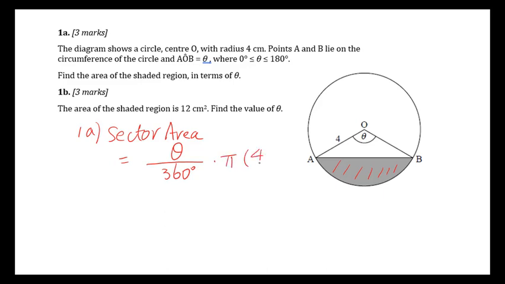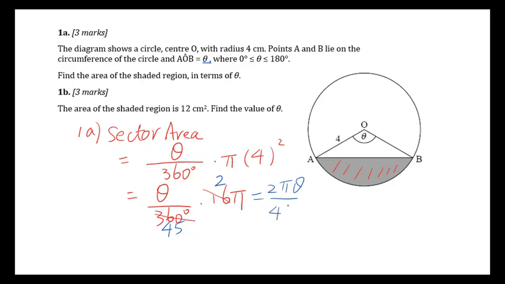R is 4, squared, so we get theta over 360 degrees times 16 pi. Reduce, this is a 2, this is a 45. So we get 2 pi theta over 45 degrees.